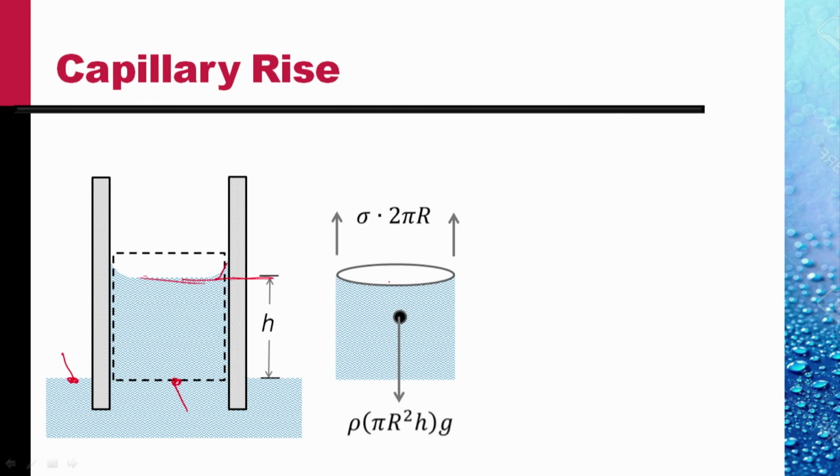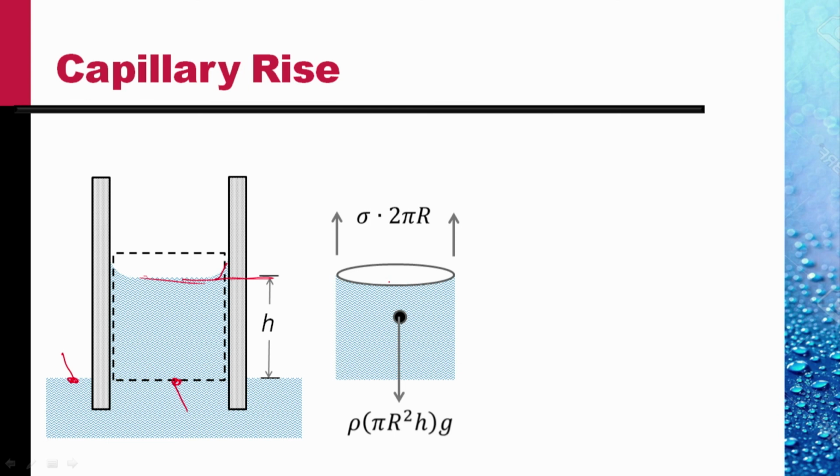Other forces: the weight of this column of liquid, which would be the density times the volume of the liquid, which is pi r squared, the cross section, times the height h, times g. And this is balanced by the surface tension force, sigma into 2 pi r, assuming that the contact angle is 0, so this force is vertically upward.